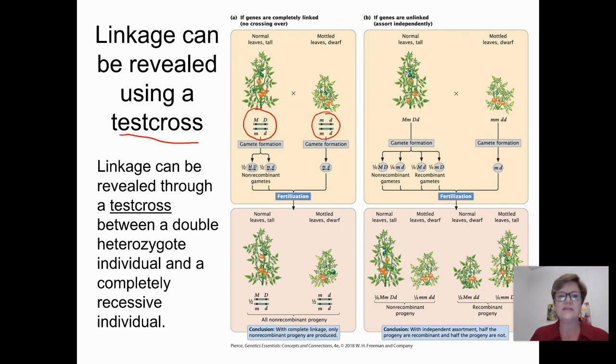We're going to use data to measure the distance between the genes. So linkage and what we would call the extent of linkage is revealed through a test cross between a double heterozygote, so dihybrid, and an individual that's completely recessive. So we will pick this up and continue in the next lecture segment.